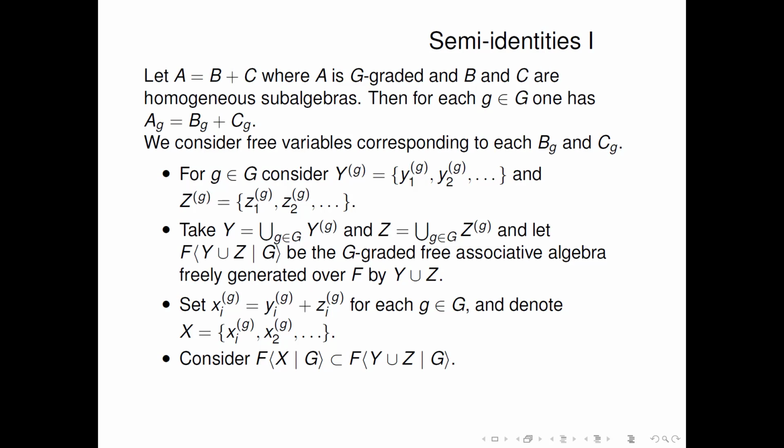Then take Y the disjoint union with Z, and form the free graded algebra on Y union Z. Now I'll set Xg, the sum of these two, for every g in the group, and I'll denote by X this set. And I consider this subalgebra here.